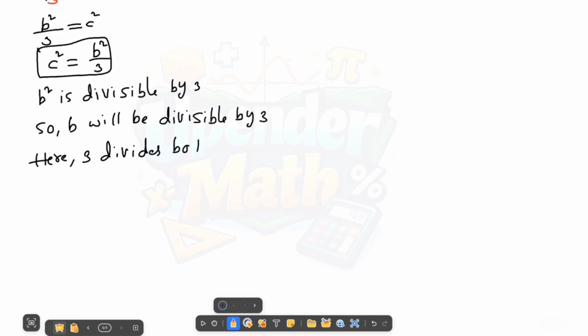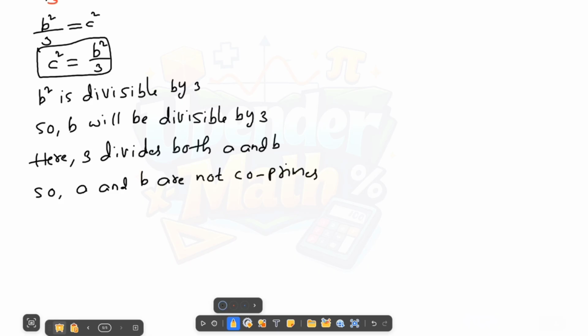So a and b are not co-prime numbers. So this is a contradiction to our assumption. We have assumed that root 3 is a rational number and that it is equal to a by b, where a and b are co-prime numbers. So our assumption is wrong.